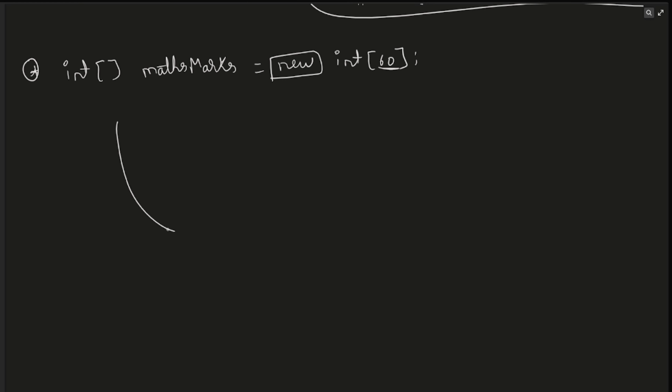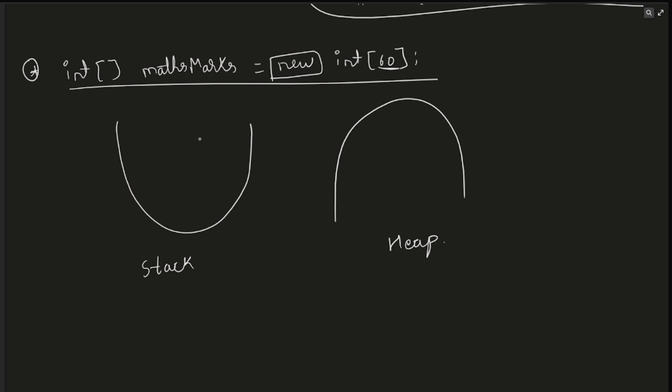I'll have a stack over here and heap. Whenever this line is encountered, this reference variable maths marks will go into stack, and this part will go into heap, which will create an object with 60 values in it.